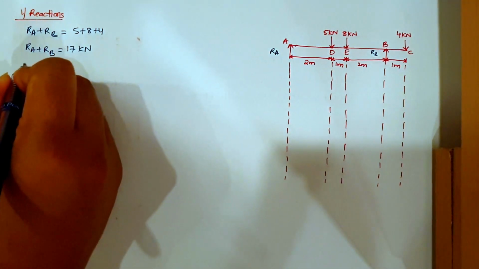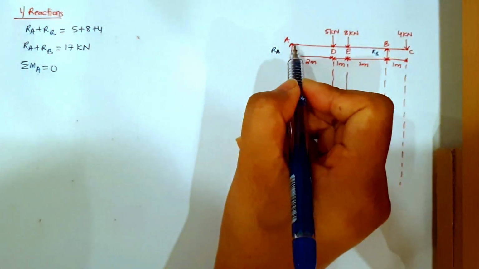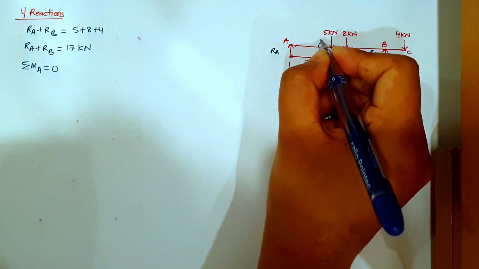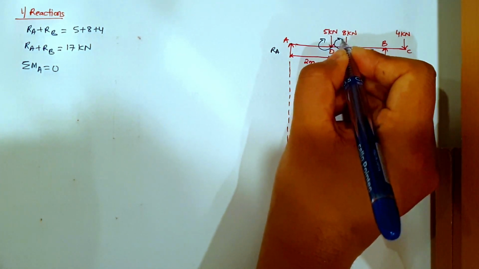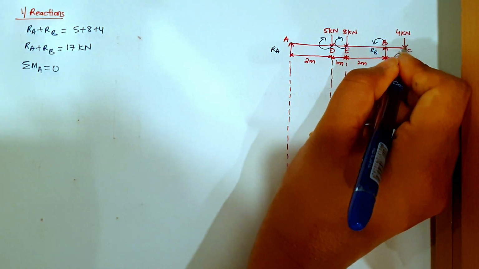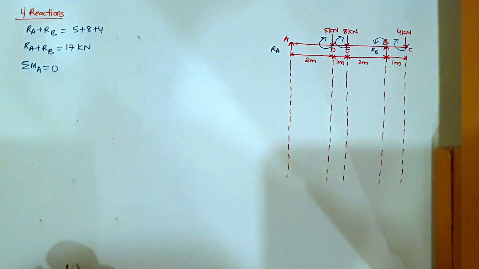Okay, now summation of moment about A equals 0. I'm taking it from this point. So this load towards A will go in this direction, 8 kilonewton will go in this direction, RB will go anti-clockwise, and the force at C will go in this clockwise direction.